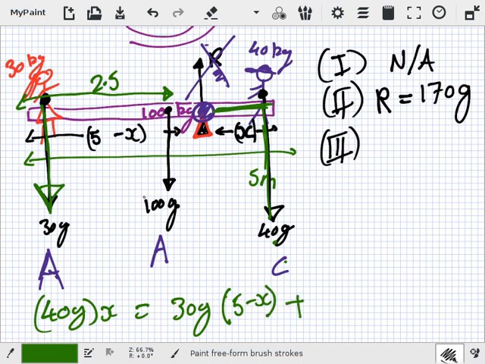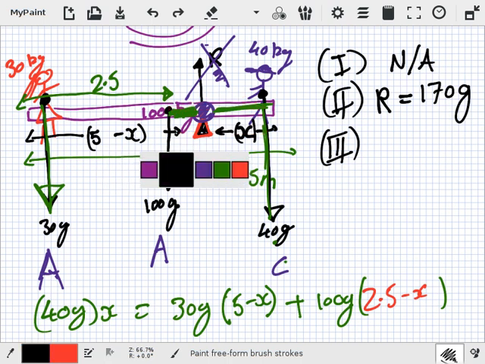Plus the 100g, and what's this distance here? It's 2.5 minus x, because here to here is 2.5, and here to here is x. So this one is 2.5 minus x.